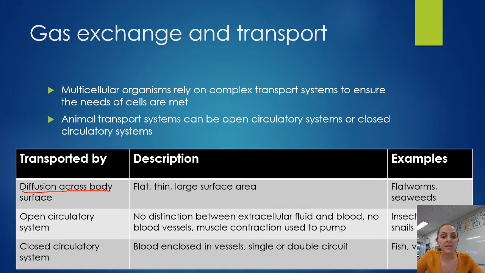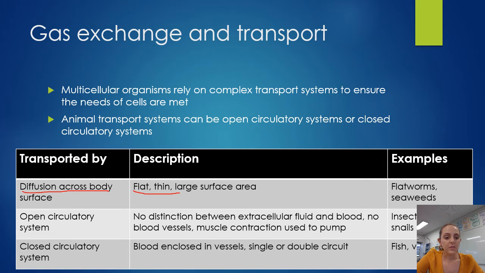For flatworms and seaweeds, this works because they're flat and thin, so there's a very thin membrane for the gases to simply diffuse across. They also have a large surface area, which allows them to get all of the gases that they need via simple diffusion, because their bodies are elongated.